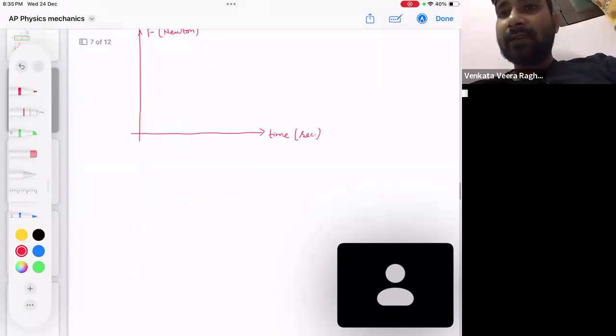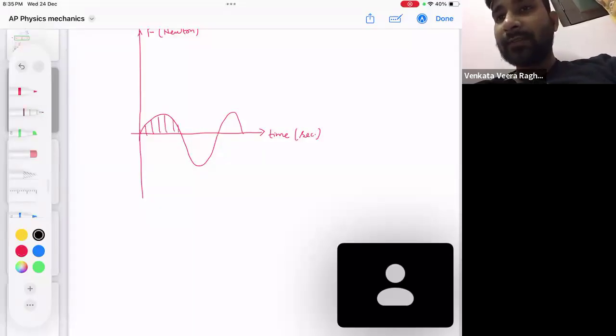If I plot a graph and I get a graph like this, can you tell me what this area of the force versus time graph represents?